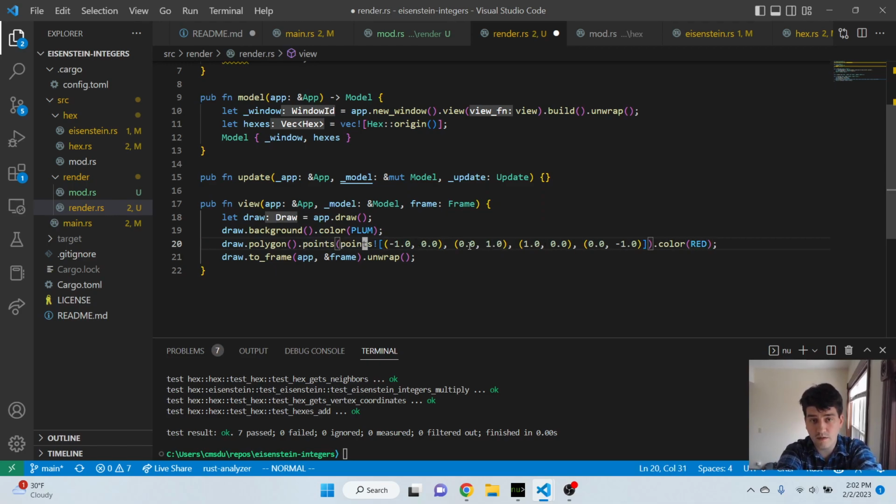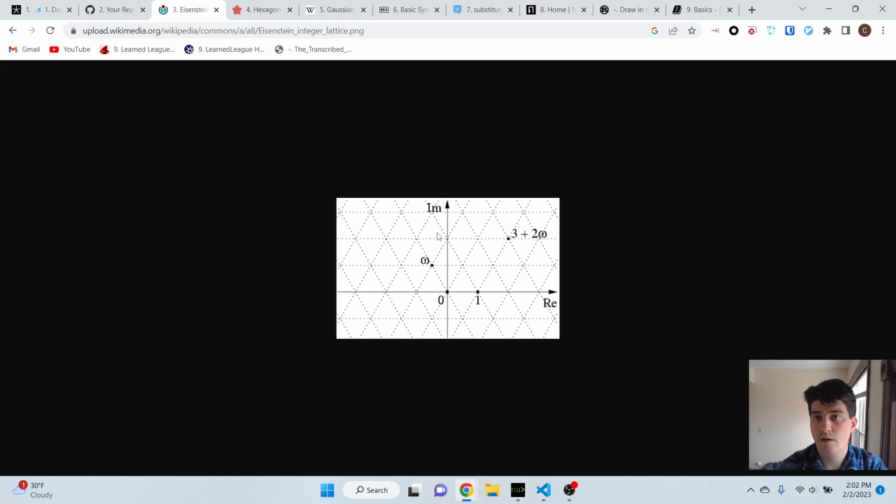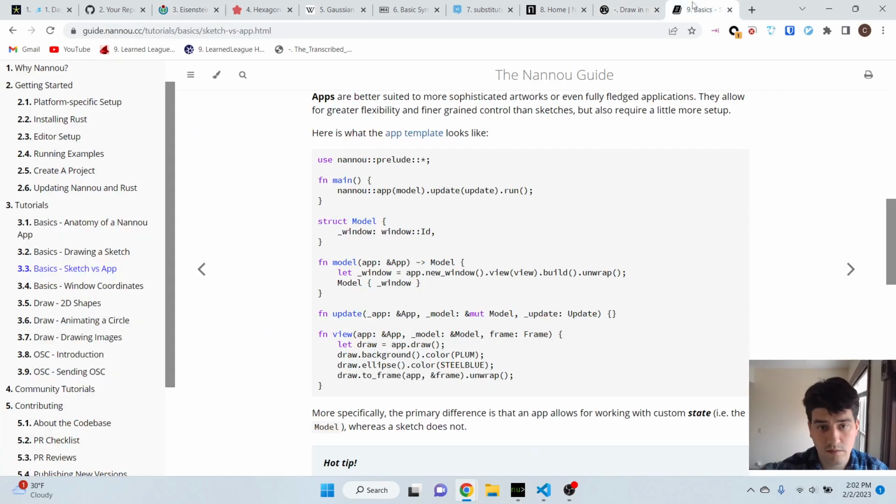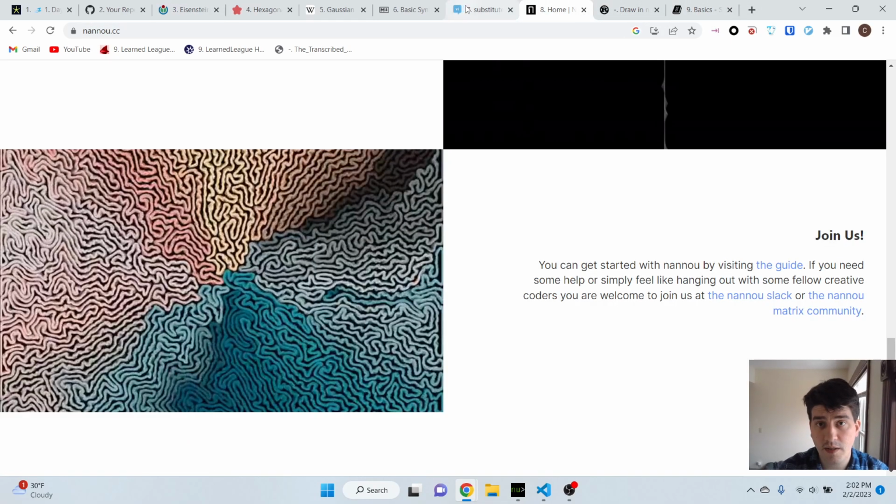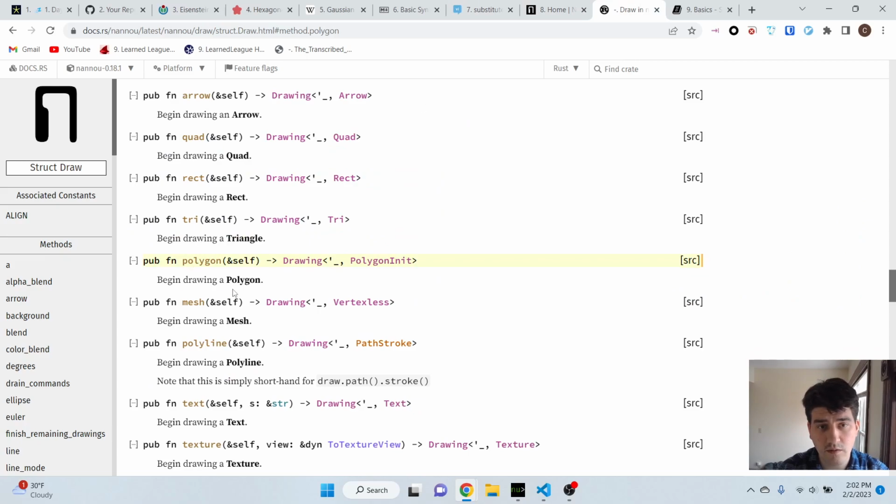Let's look for an example of using polygon. Do we have one of those? Begin drawing a polygon.